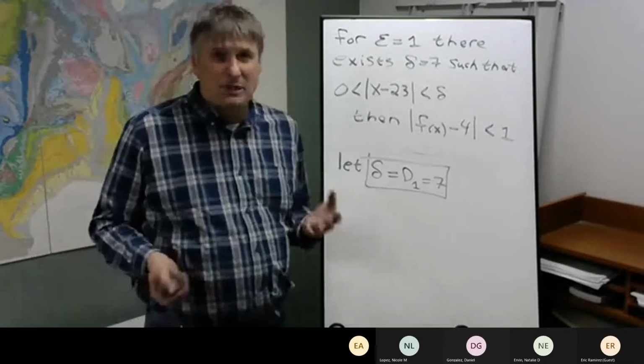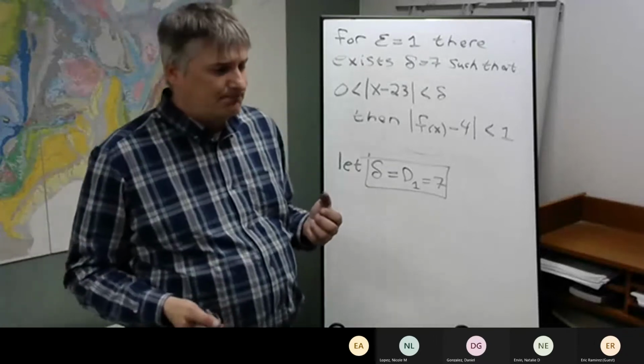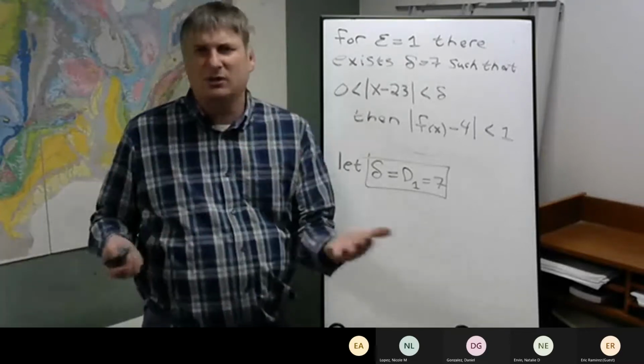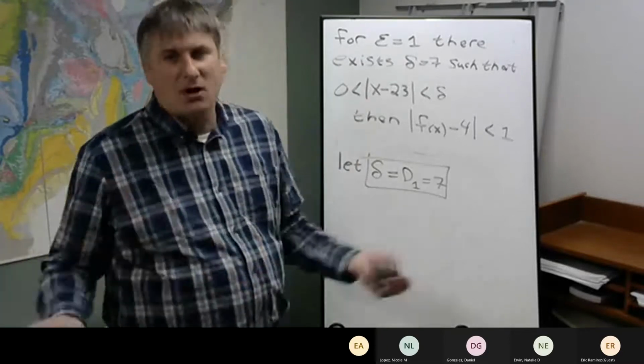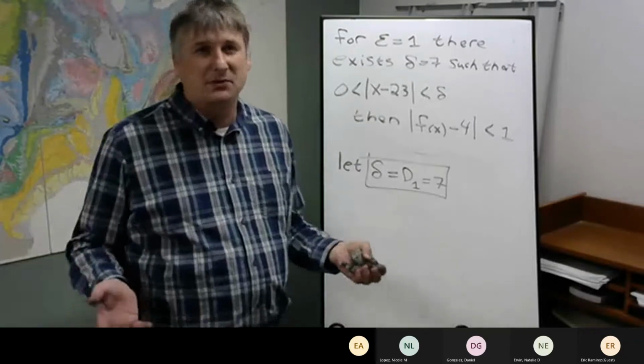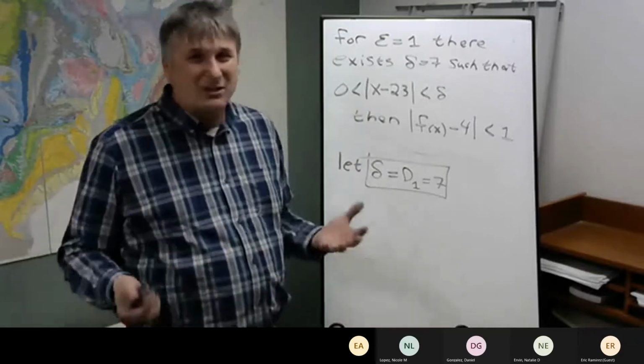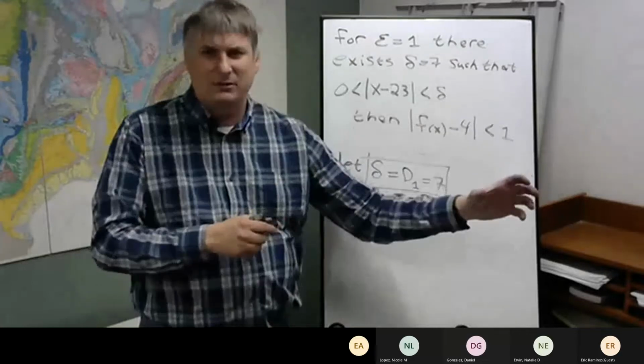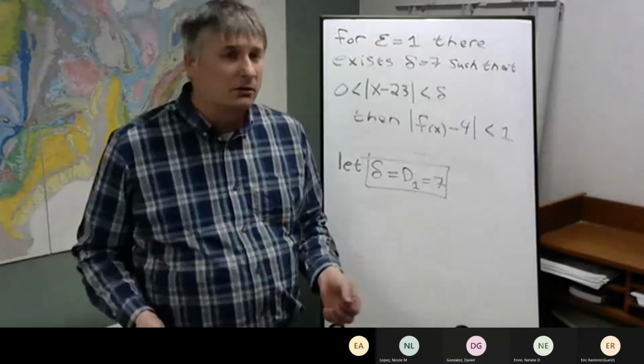But there's basically 3 techniques that we've really kind of looked at. Or really 2. The first one we did where we found that epsilon over 5. You could just solve for the absolute value of x minus c directly. And that's going to work when you don't have a D1 and then a larger D2. That approach is going to be fine.